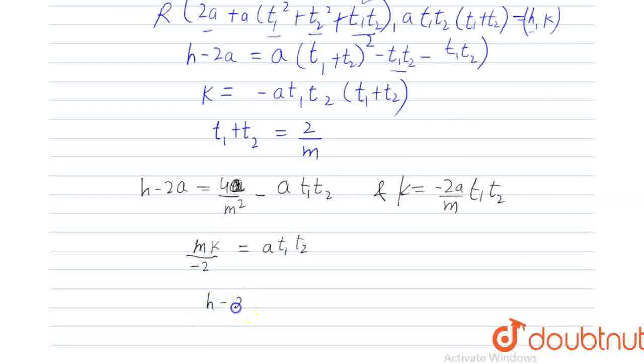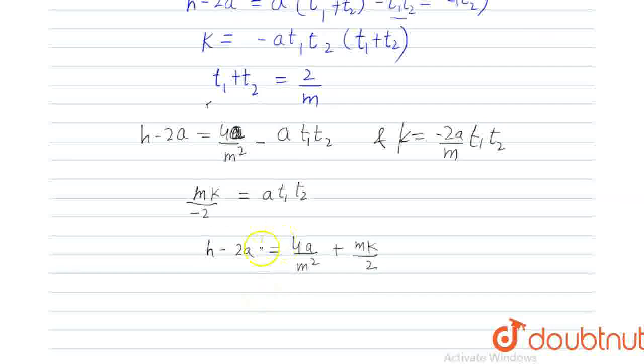Then h minus 2a will be equal to 4a upon m square plus mk upon 2. Now, because h and k are the main points, we need to put x and y in this equation, so we can easily compare.